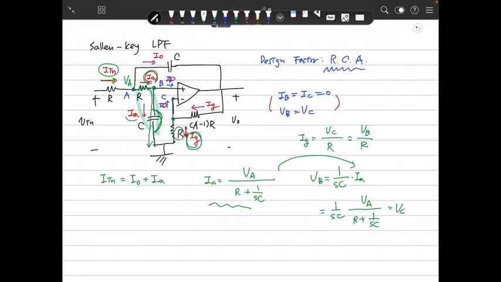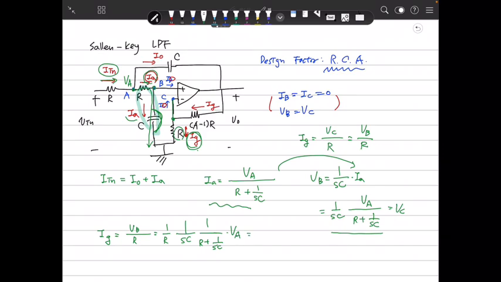Therefore, IG is VB divided by R, that is 1 over R, and VB is that value, so 1 over R times 1 over SC over (R plus 1 over SC) times VA.